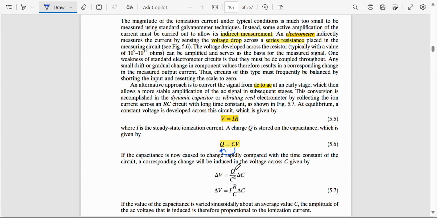Once you put in Q equals CV, one C cancels, so you are left with only C, and you put V equal to IR, so it becomes IR delta C divided by C. So this is how you can find the voltage, IR delta C by C. If you want to find the current, you use the same expression.